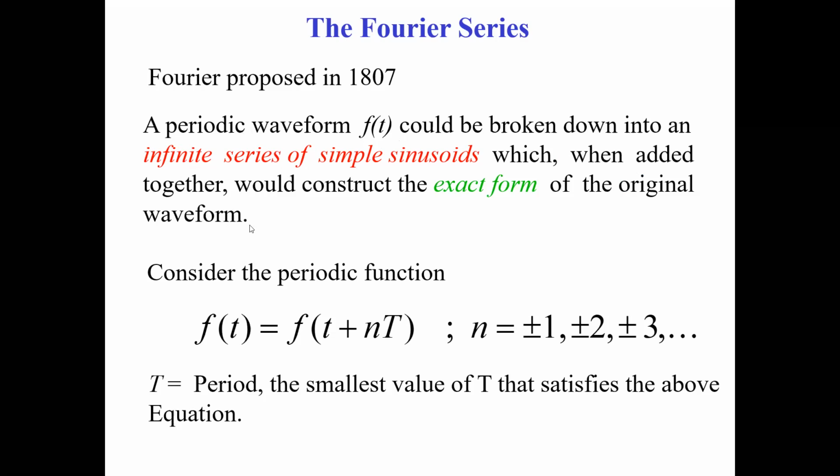See the definition again: we are considering a periodic waveform f(t), and we can break it into many small sinusoidal signals, and if we add them together, we get the exact form of the original waveform.